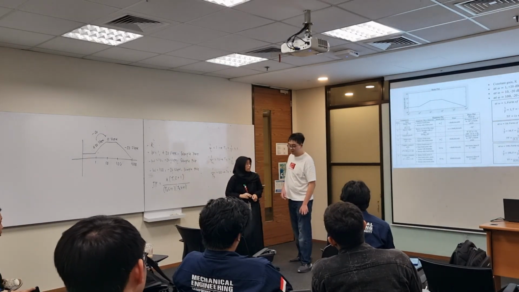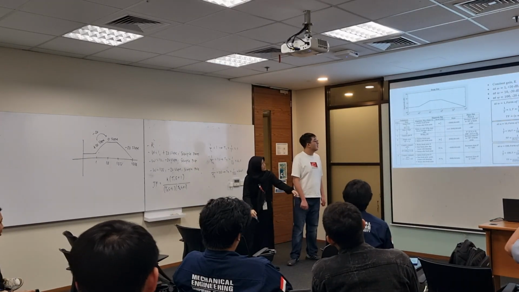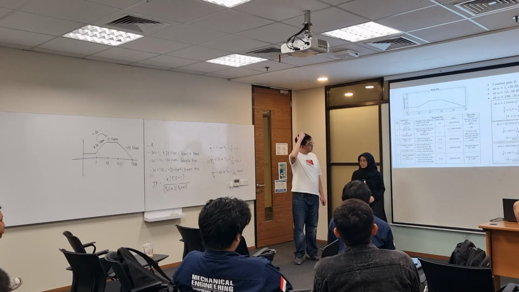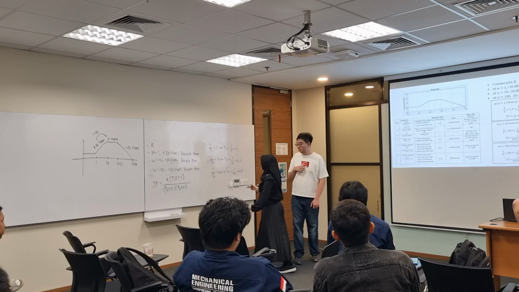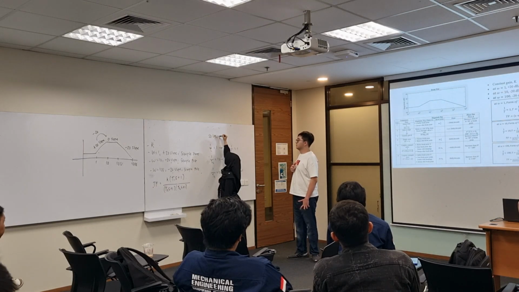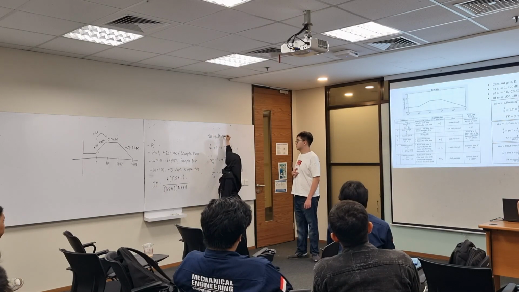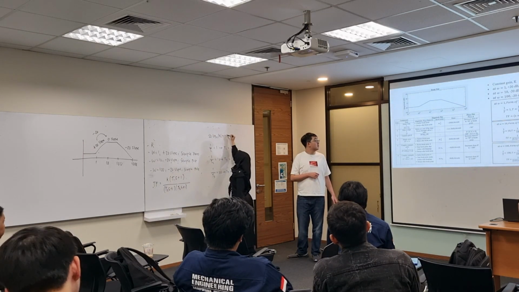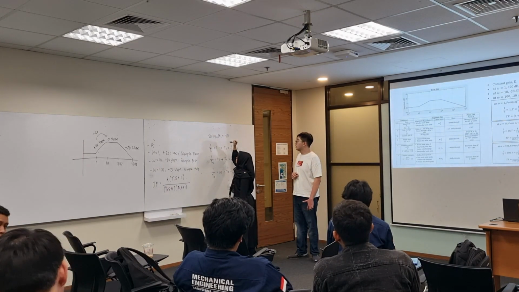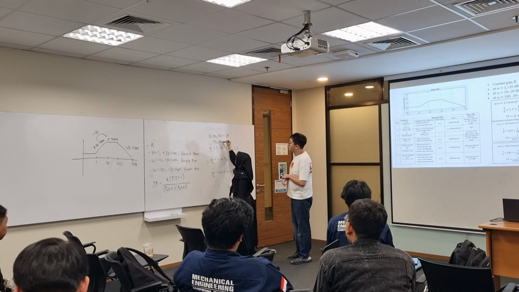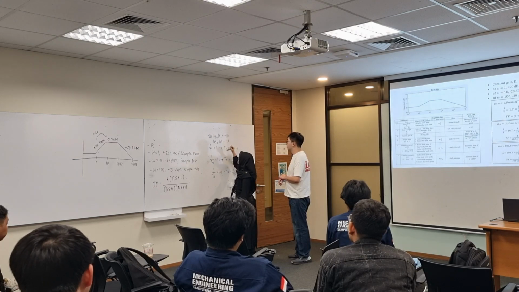How about the K? Use what formula? This one. 20 log 10 K is equal to minus 20, so log 10 K is equal to minus 1.